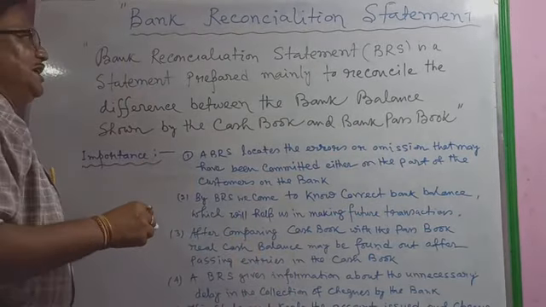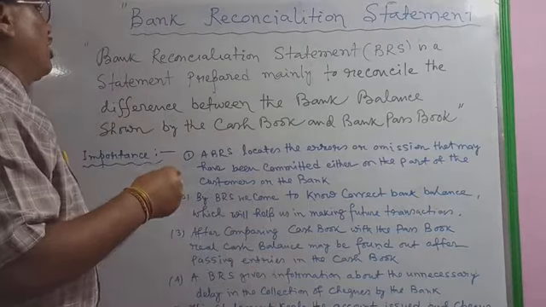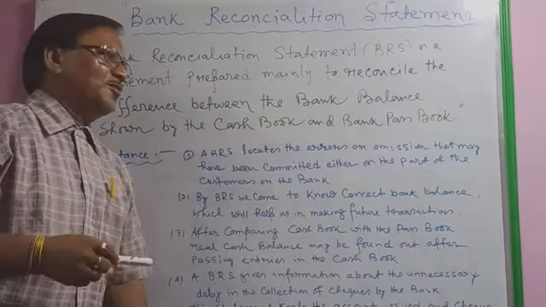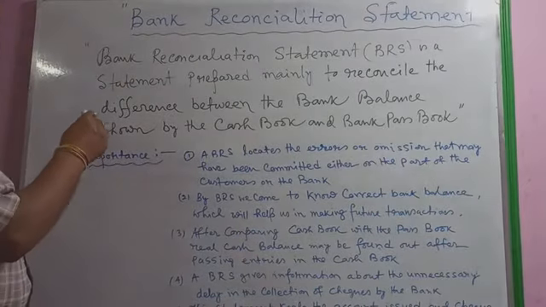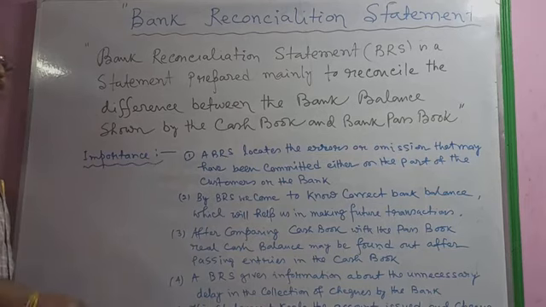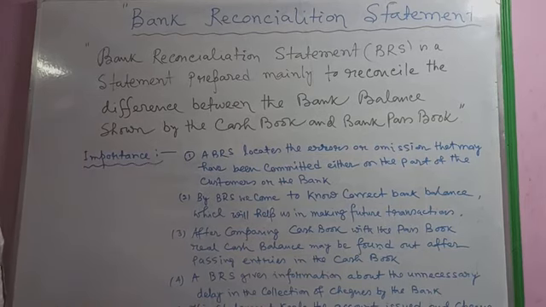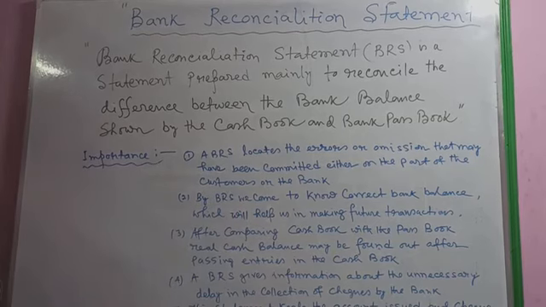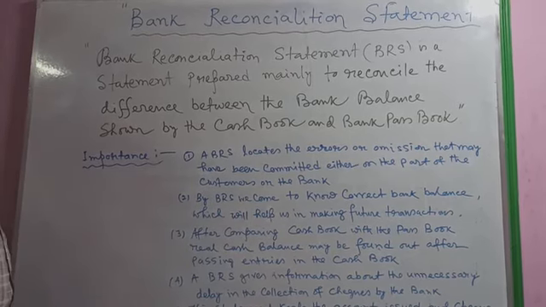That means after you prepare a double column or triple column cash book, a statement is prepared to reconcile the difference between the bank balance shown by the cash book and the passbook or bank statement.